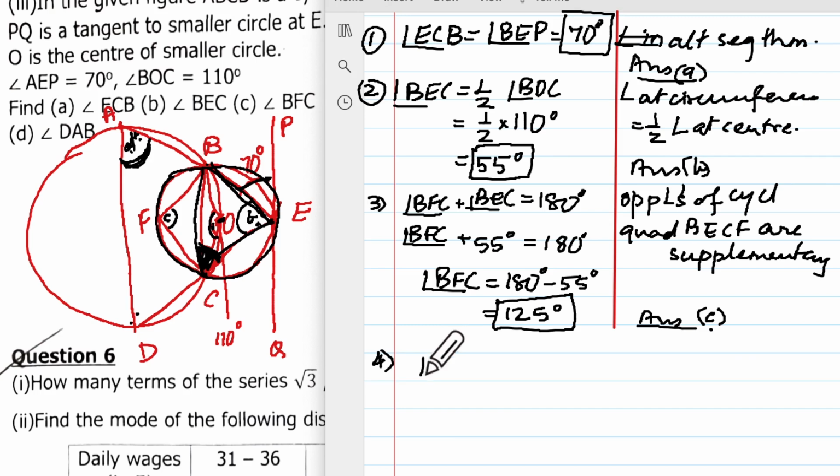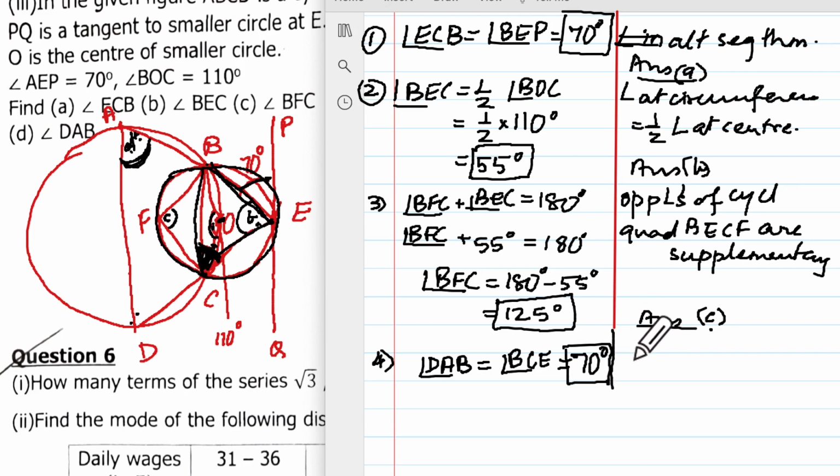So you will say angle which one? DAB is equal to angle BCE, correct? Which is equal to how much? How much is this angle? How much did we get this angle as? Correct?